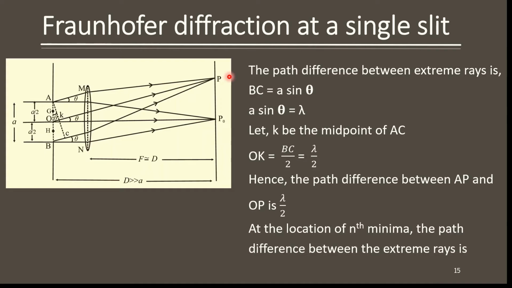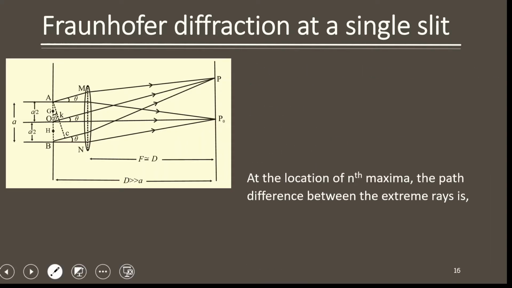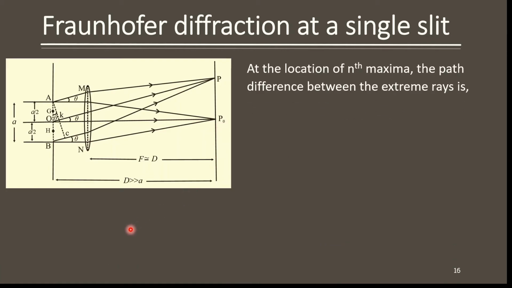At the location of nth minima, the path difference between the extreme rays is a sin theta equal to plus minus n lambda. At the location of nth maxima, the path difference between the extreme rays is a sin theta equal to plus minus (n plus half) lambda.